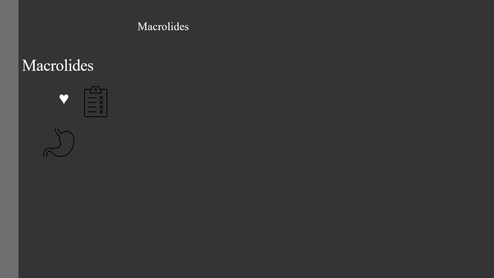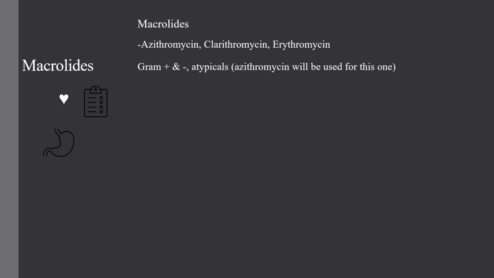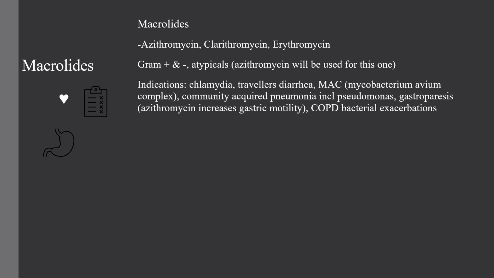Okay, we got macrolides. So the ones from this class are azithromycin, clarithromycin, and erythromycin. Typically, it's gram-positive and negative coverage, and atypicals. Azithromycin, you'll probably see the most for atypical things. So atypicals, like I said earlier, are more like pneumonia infections. So indications, you got chlamydia, azithromycin you might see in traveler's diarrhea as well.